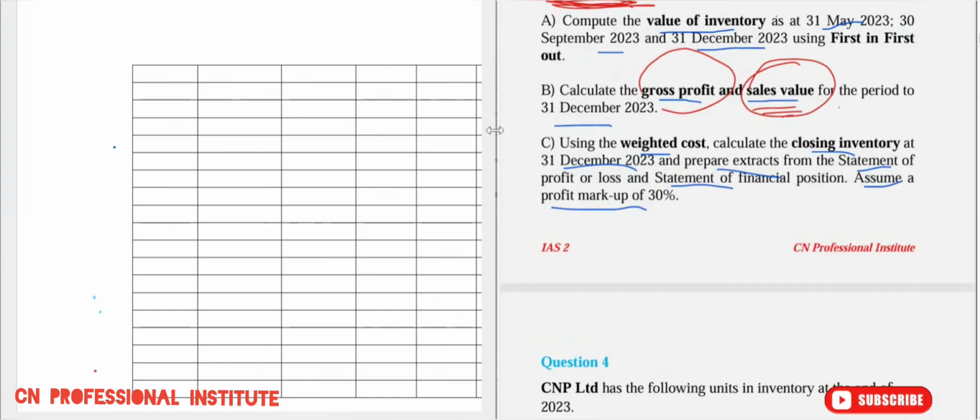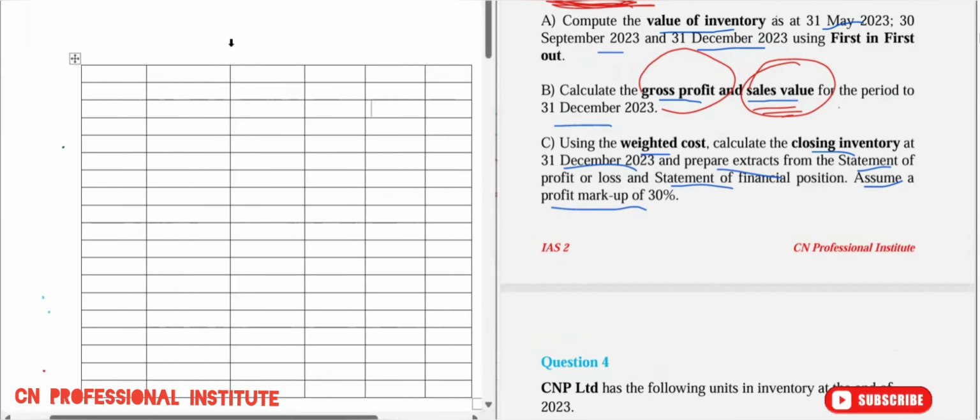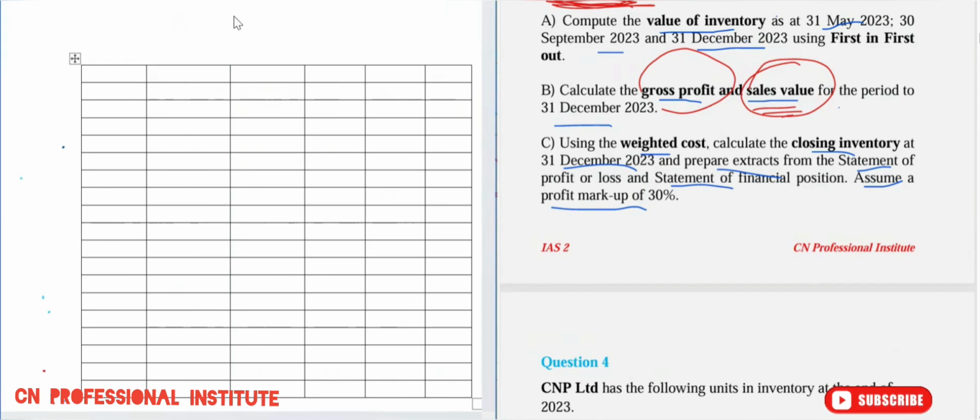Okay, so let's continue. With this requirement C, we are doing the weighted average. So let's slot in our things fast, and then we go.